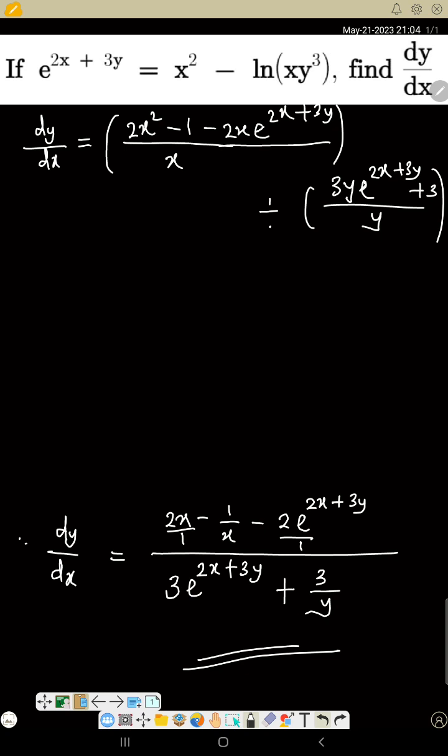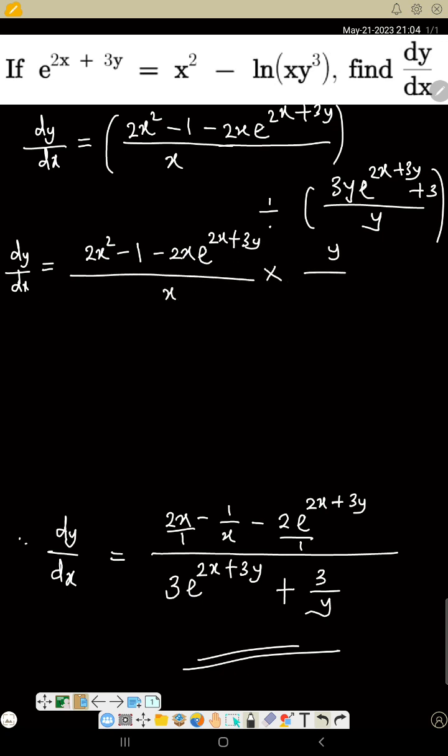Now if division changes to times, so we have the dy ds is equal to 2x squared minus 1 minus 2x e raised to power 2x plus 3y, divided by x times y over 3y e raised to power 2x plus 3y plus 3.